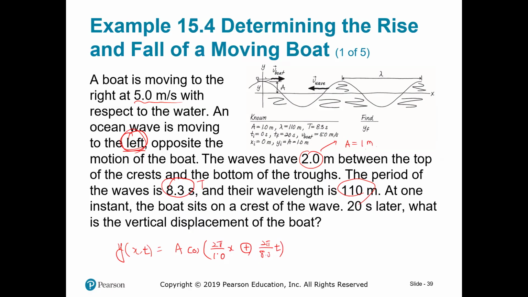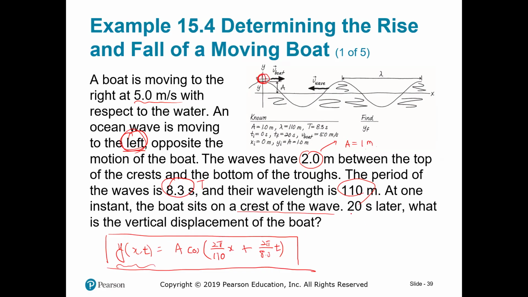So this is your full wave function, which gives you the height of the boat, basically. But now, at one instant, the boat sits on the crest of the wave, assuming it starts from here.